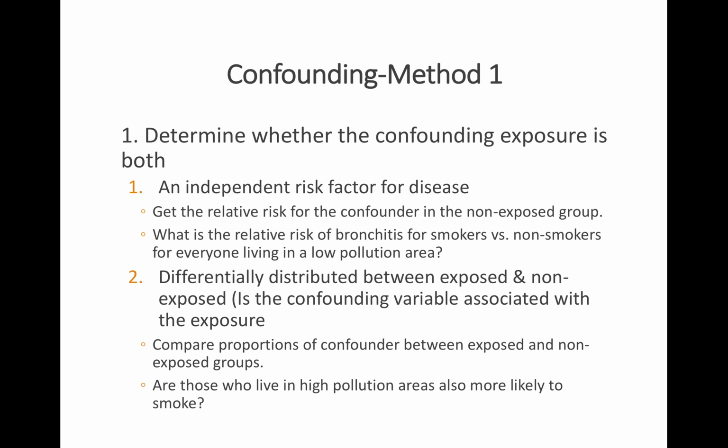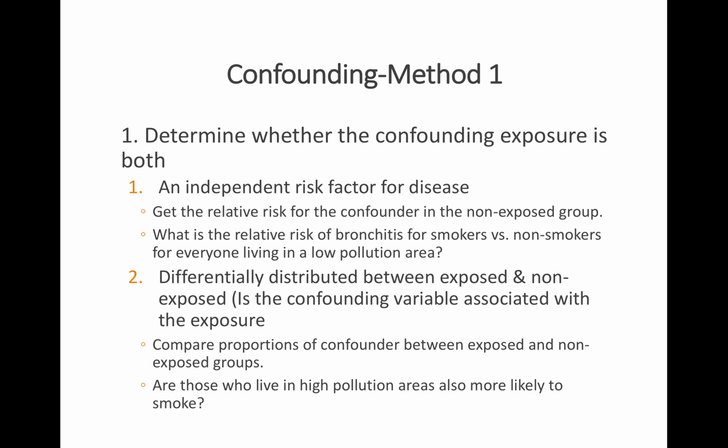So for instance, what's the relative risk of bronchitis for smokers versus non-smokers for everyone living in a low pollution area? We're trying to test if this relationship between smoking and bronchitis is actually an independent risk factor. To do that, we would have to control for the potential effects of air pollution. By just looking at those that are in the low air pollution area, we can get the risk for bronchitis for smoking.